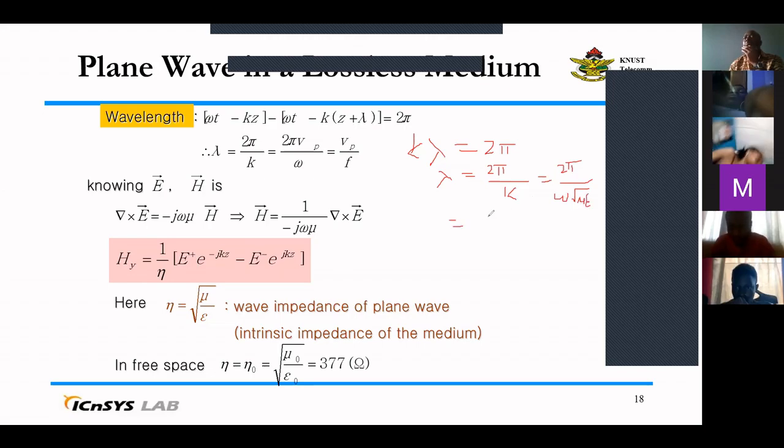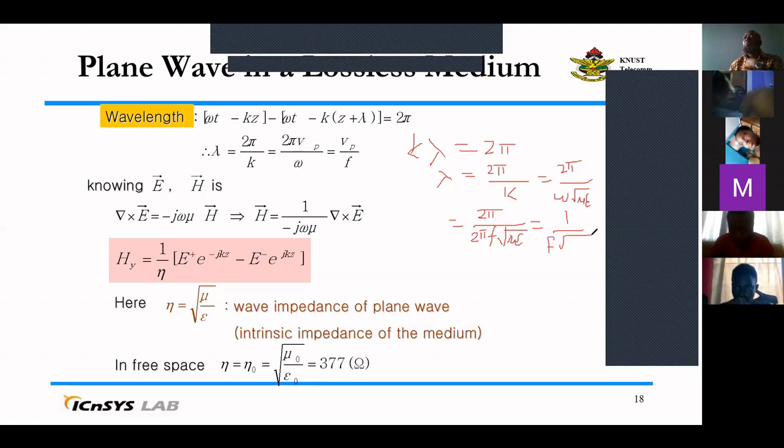But what is omega? Omega itself is 2 pi f, isn't it? So we have 2 pi divided by 2 pi f times square root of mu epsilon. So here you can see that 2 pi cancels out, and we have 1 divided by f times square root of mu epsilon.